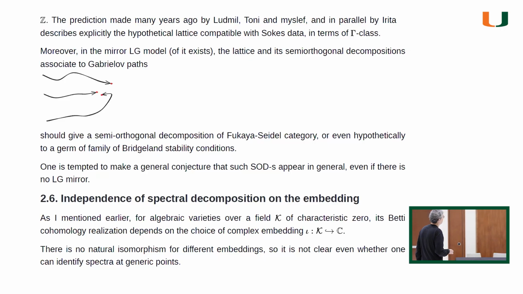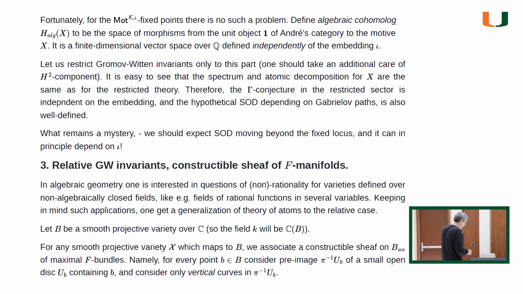Namely, you have a variety over any field of characteristic 0 and define the algebraic part of homology as the morphism space, a vector space of morphisms from the unit object, the homology of a point in the category of motives, to the motive of X. It's a finite dimensional vector space over Q, and it does not depend on the choice of embedding.